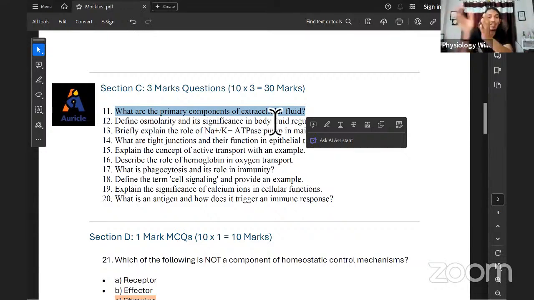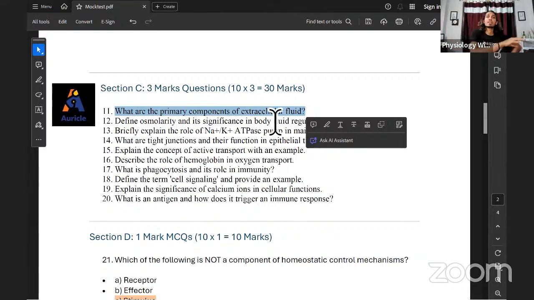Since this is specifically asked, you can talk about how in the plasma, 91% is water. The remaining, we have organic and inorganic components. Out of that, plasma has plasma proteins in it and ions. Then you can just mention a few plasma proteins.